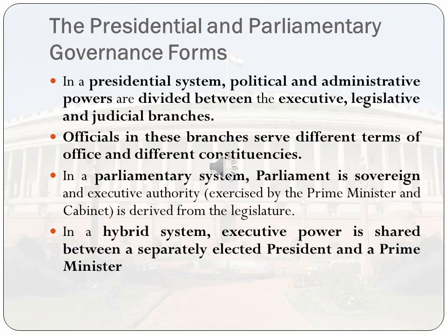The power derived from the parliament through the legislature empowers the prime minister to make necessary laws and create necessary improvements in the country. In a hybrid system, executive power is shared between a separately elected president and a prime minister.